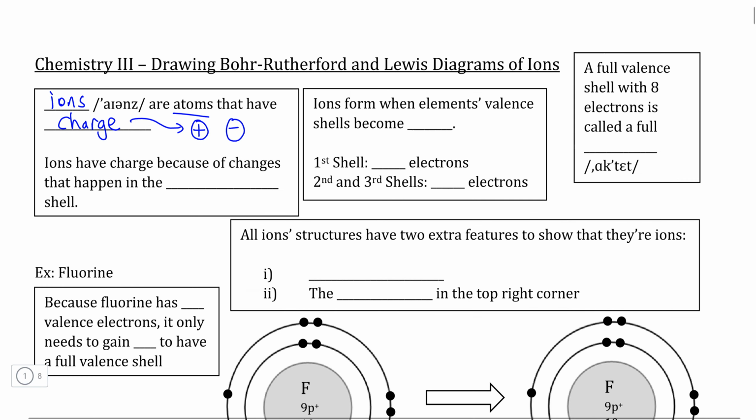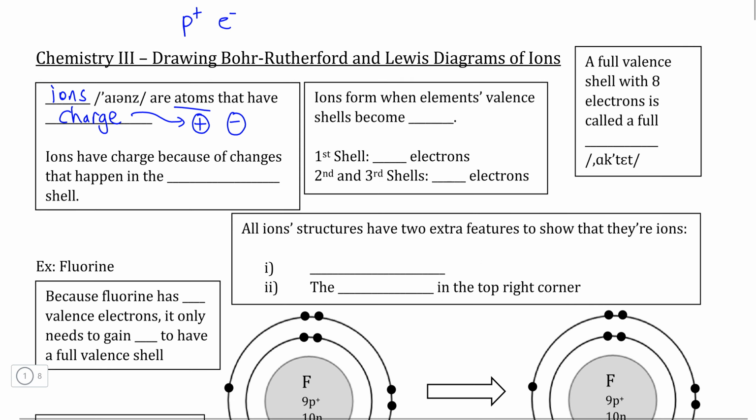Now, charge forms because of a difference in the number of protons and electrons, and normally, if we have an atom that does not have charge, the amount of protons and the amount of electrons are equal, meaning the amount of positive charge and the amount of negative charge balances itself out, and so we don't actually have more positive charge than negative charge.